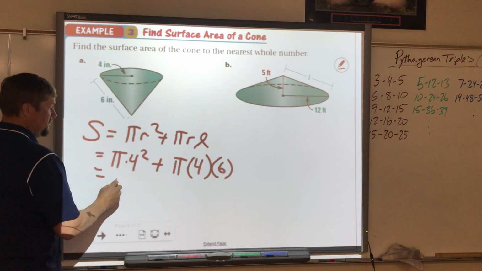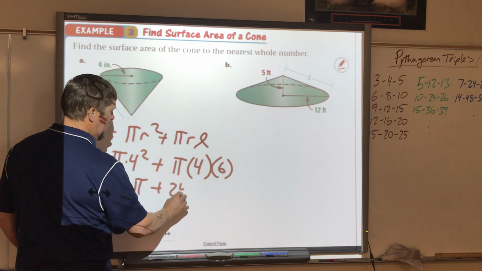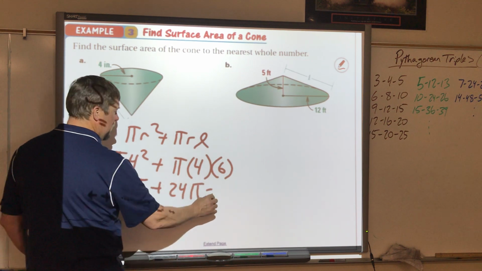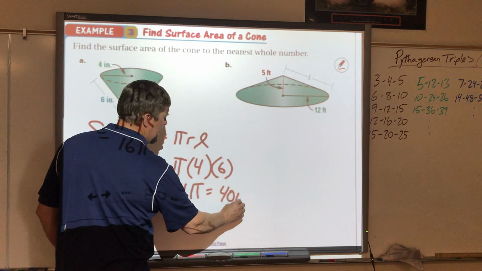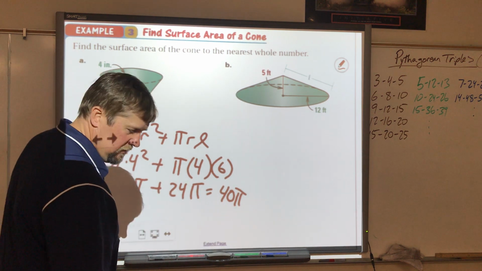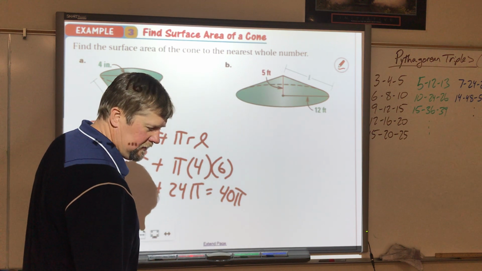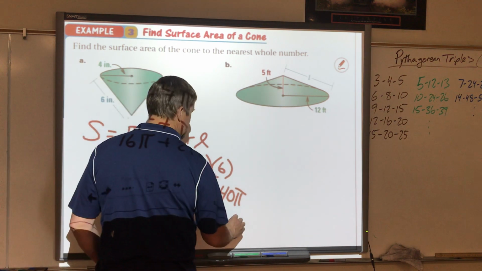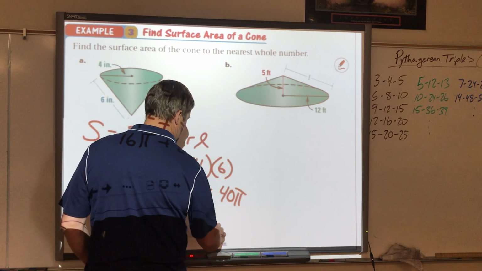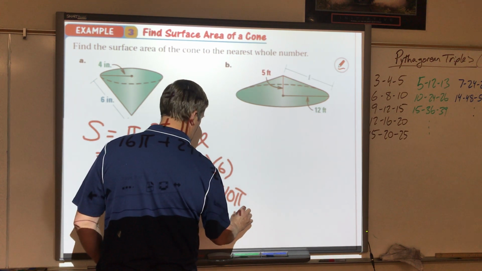So we go ahead and just calculate it. We get 16 pi plus 24 pi, which is 40 pi, which of course then you can figure it out. 40 times the pi button on the calculator is approximately 126 inches squared.